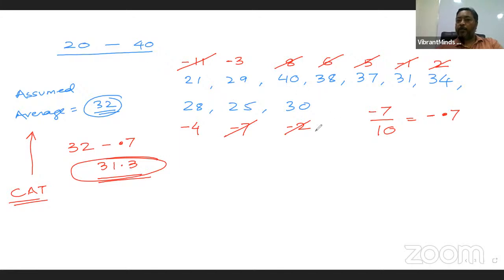So most of the numbers, like we saw here, got cancelled out. Whatever left is only a few of the numbers. We sum it up, divided by the number of observations, and ideally we subtract. If it is negative, we subtract it. If it is positive, we add it, and we are done with the answer. Is it clear now? Okay.